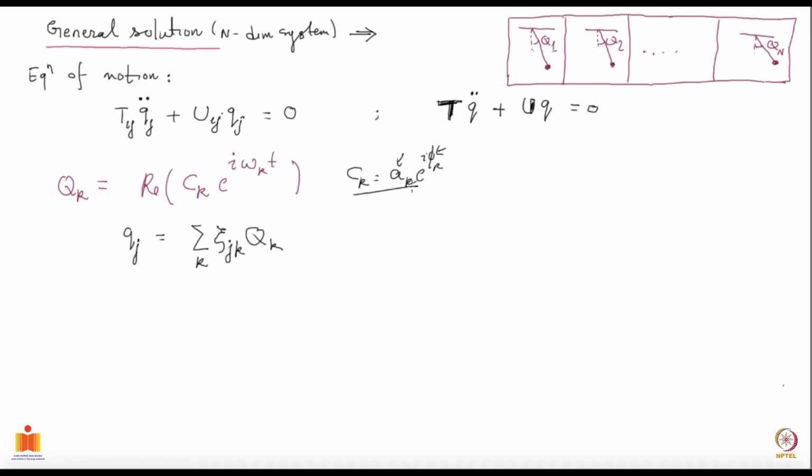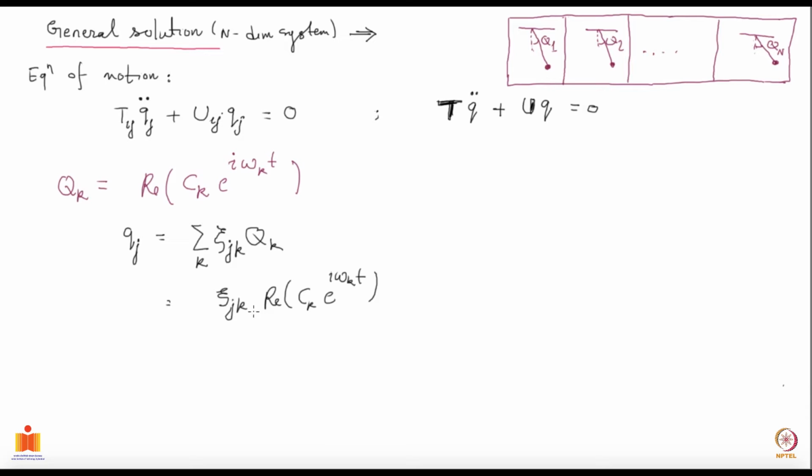I will remove this now. Okay, good. So I can write this as xi j k times the real part of ck e to the i omega k t.